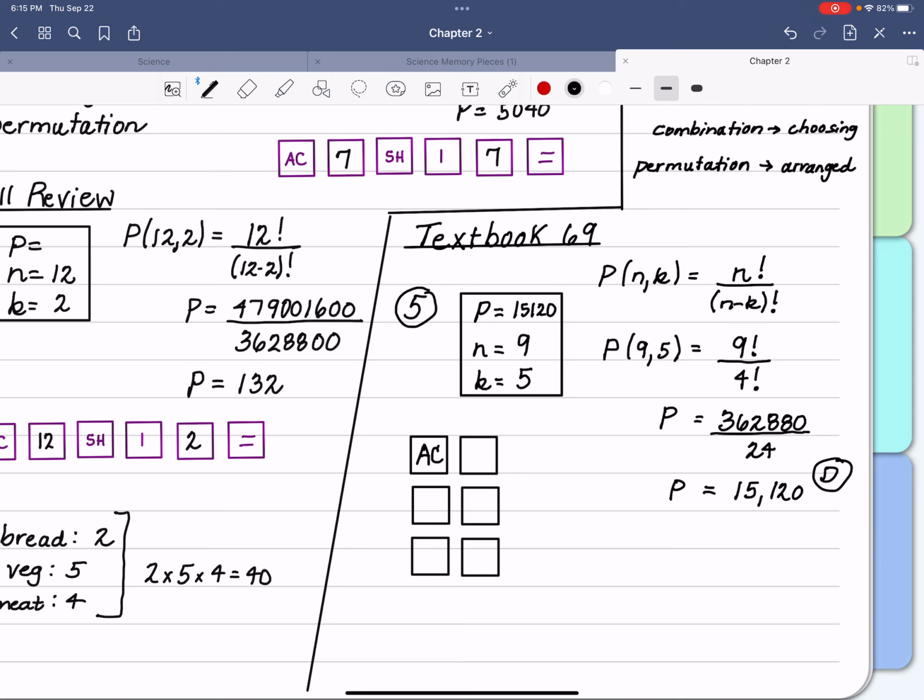Then we will put in the N value. We shift, and this is permutation, so we want to shift 1, and then put in the K value and the equals. All clear, 9, shift 1, 5 equals, and there's that number again, 15,120.